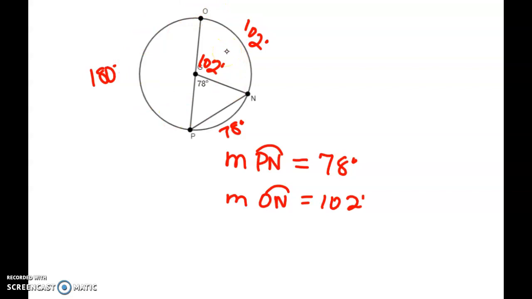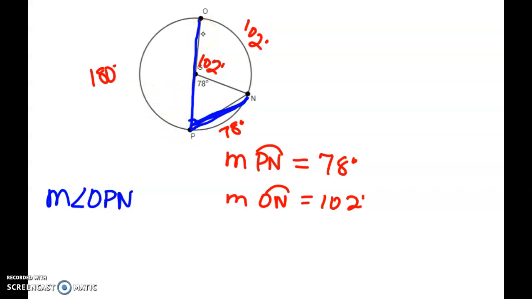Okay, so let's say I asked you for the measure of angle OPN. That's right here. This is not a central angle. This is called an inscribed angle because the vertex is on the circle. Sometimes what I do is I trace over the two sides that make that angle, do you love my straight lines?